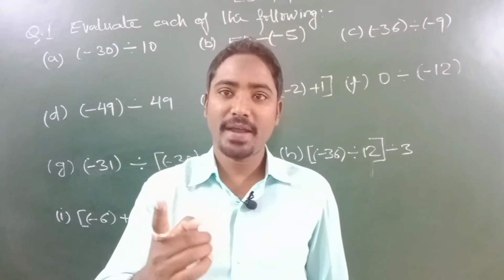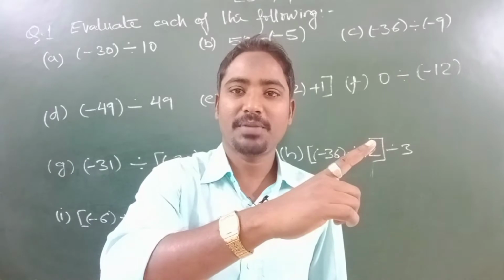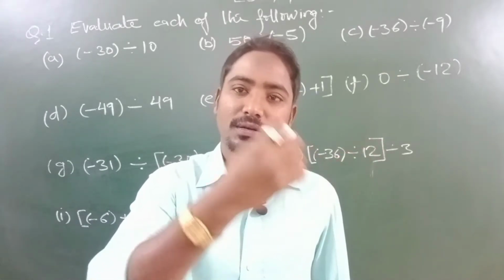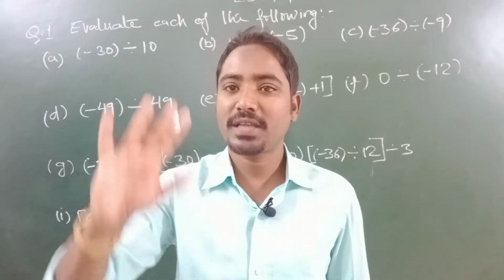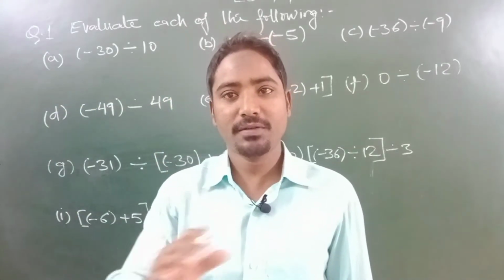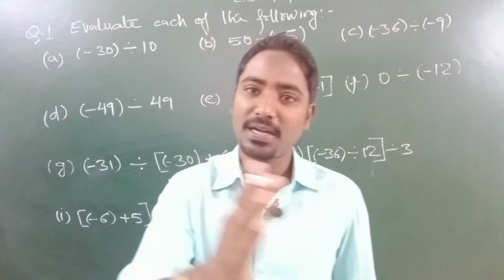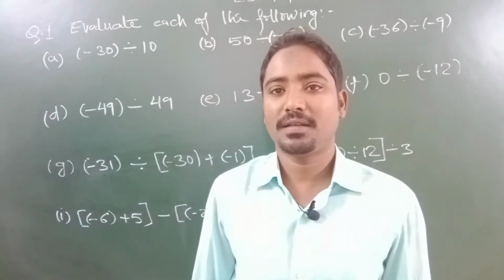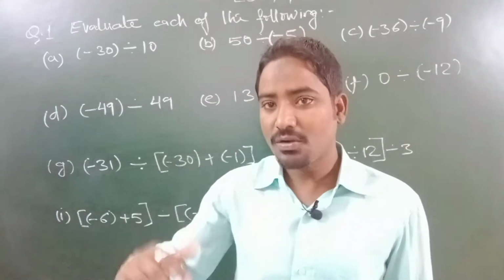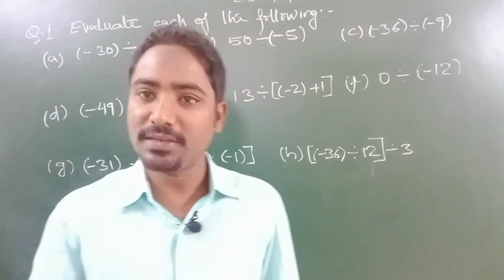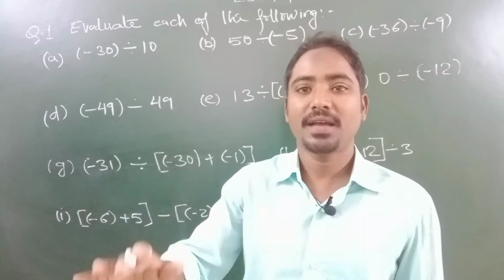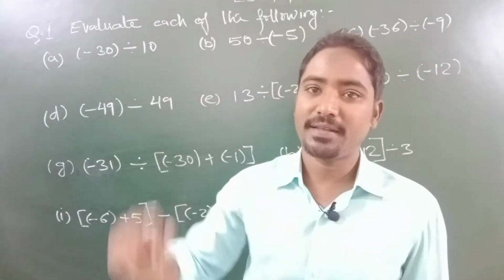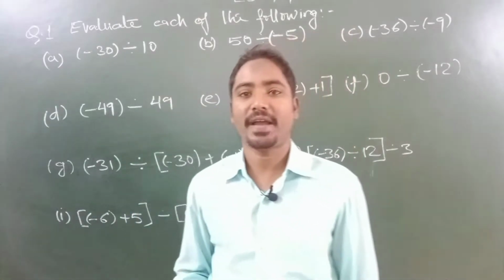As you might remember, during the multiplication of integers, first we simply multiplied the numbers, forgetting the sign, and then we recalled the sign and multiplied the signs also. So here also, similarly, first we will divide the numbers forgetting their sign, and then again we will recall their sign and divide them.